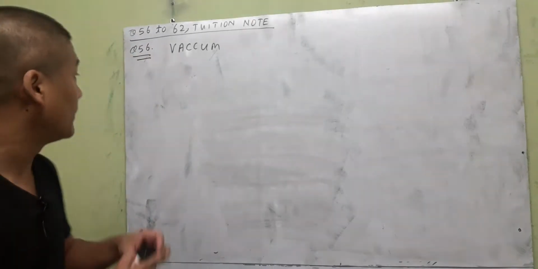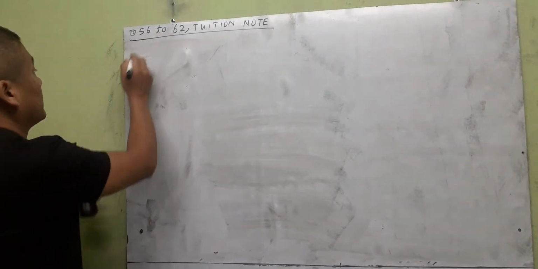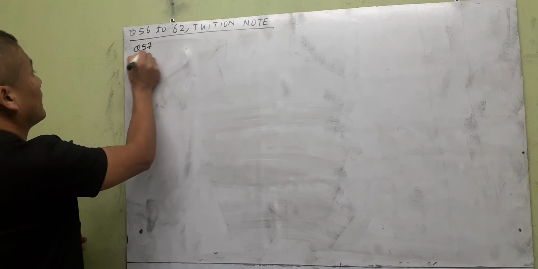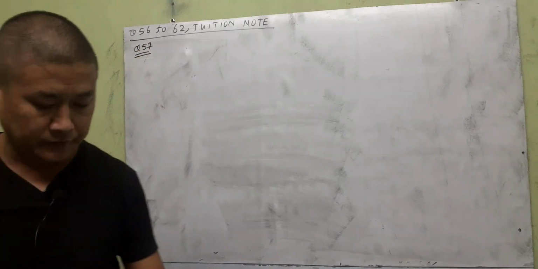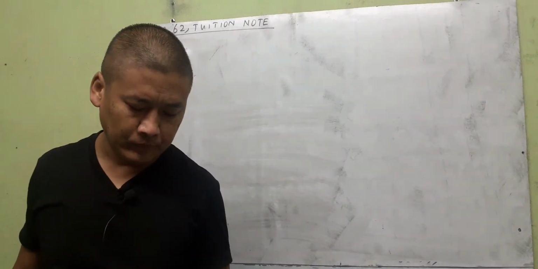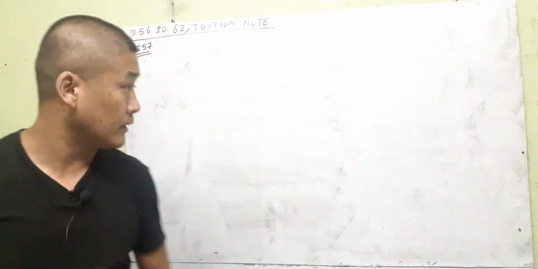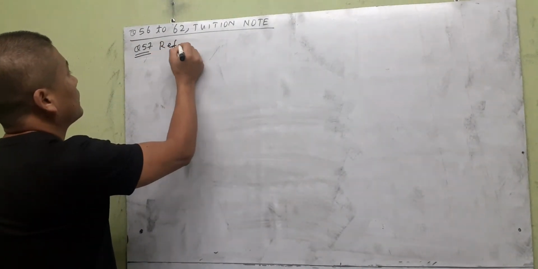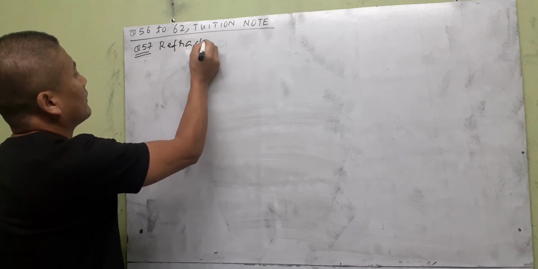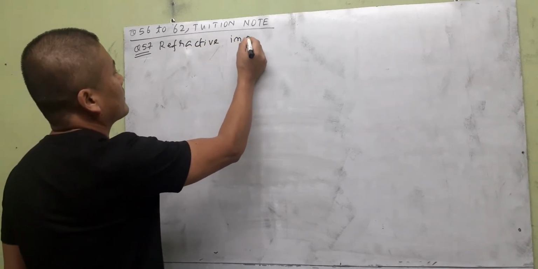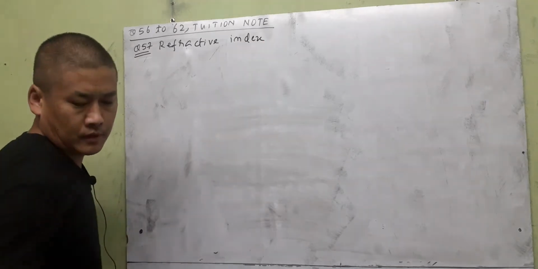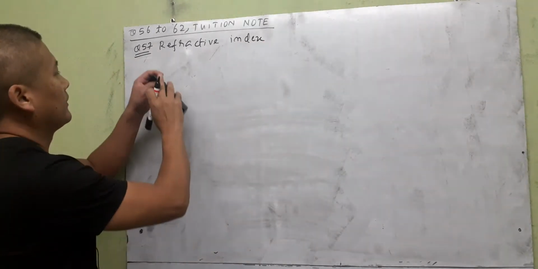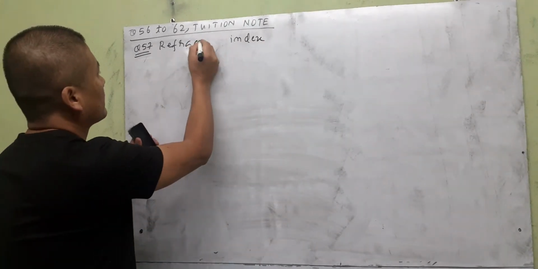Okay, next question 57. Let us look there. Question 57, I will read the question. Refractive index in terms of speed of light of two media. So for this, how do you define refractive index? In terms of the speed of light in two given media.